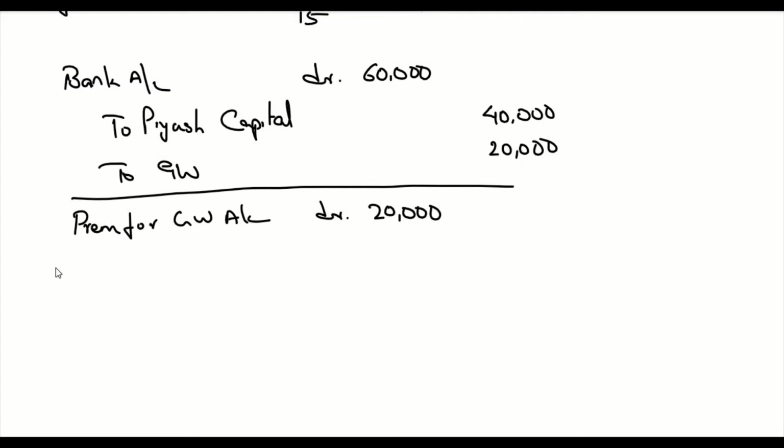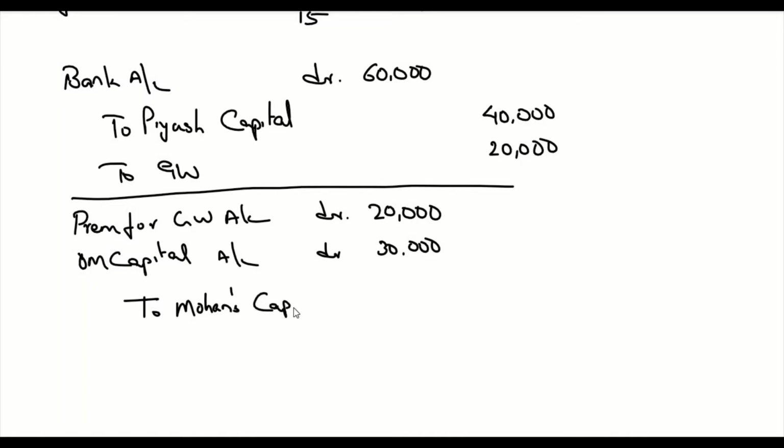Then Om is supposed to bring his goodwill, but he didn't bring it in cash, so Om's capital account debit 30,000 to the sacrificing partner's capital account, which is Mohan's capital. That is 50,000.